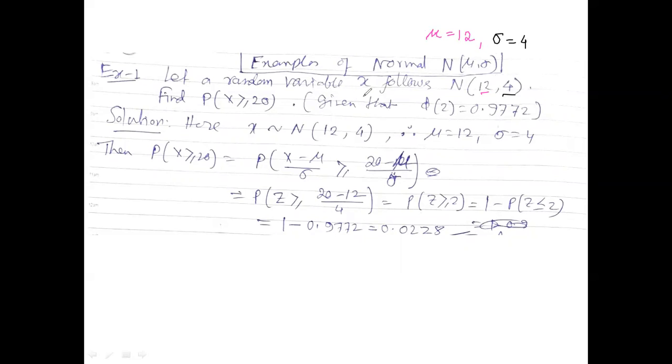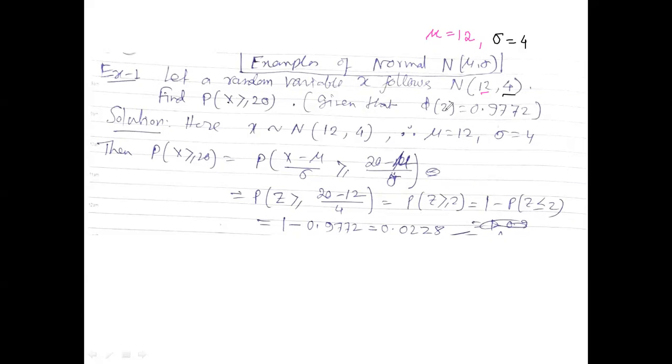A very simple distribution, a continuous type variable x. And now we have to find the probability that x is greater than or equal to 20. X is the random variable, and we have to find the probability x greater than or equal to 20.